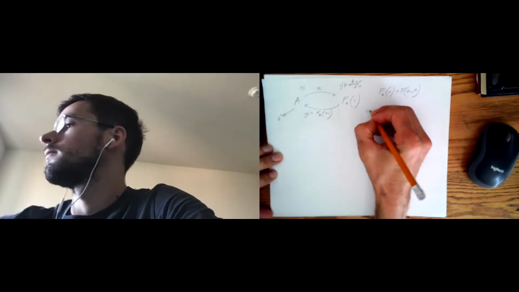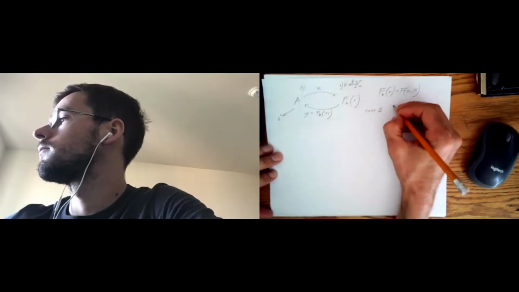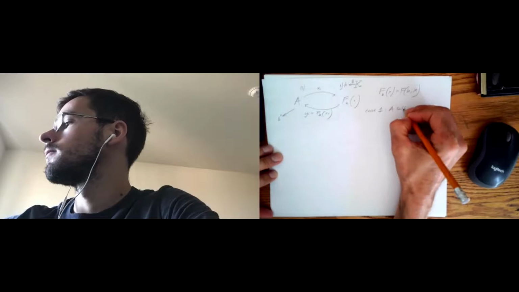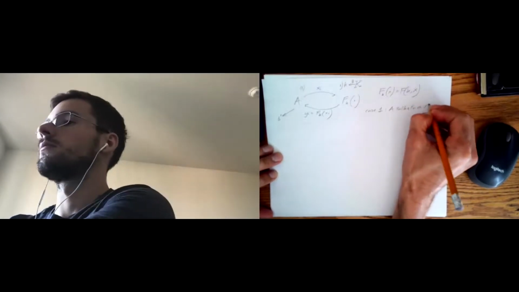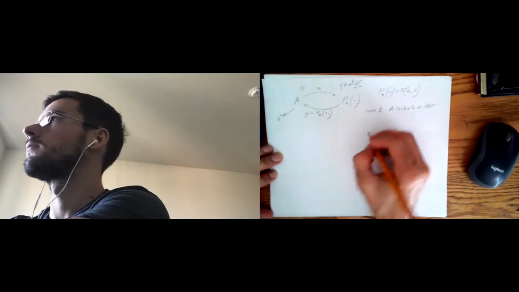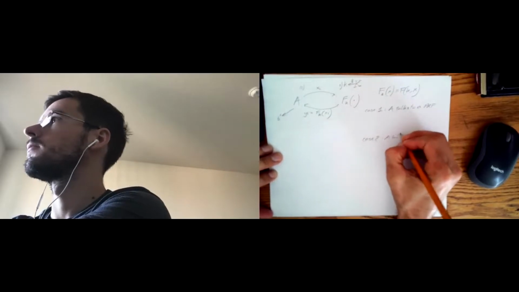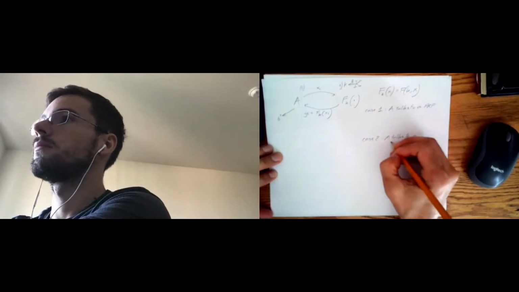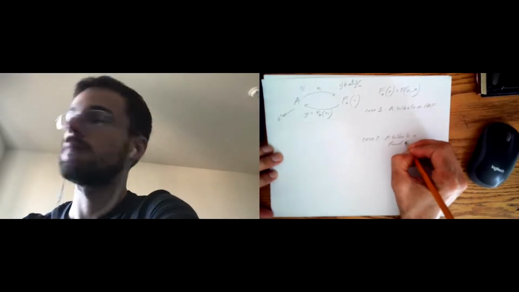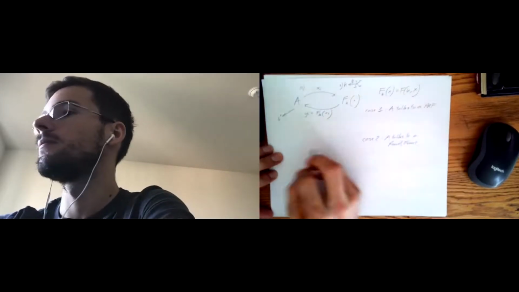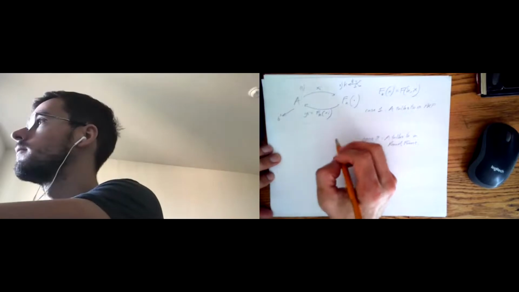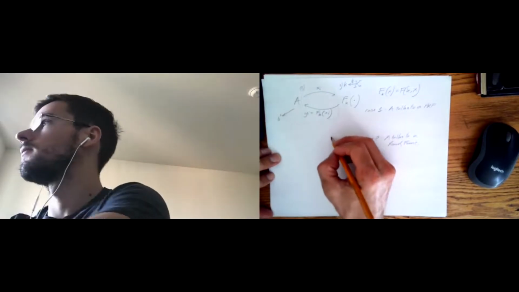So this is case 1. A talks to a PRF. Case 2 is A talks to a random function. And here it's like this.